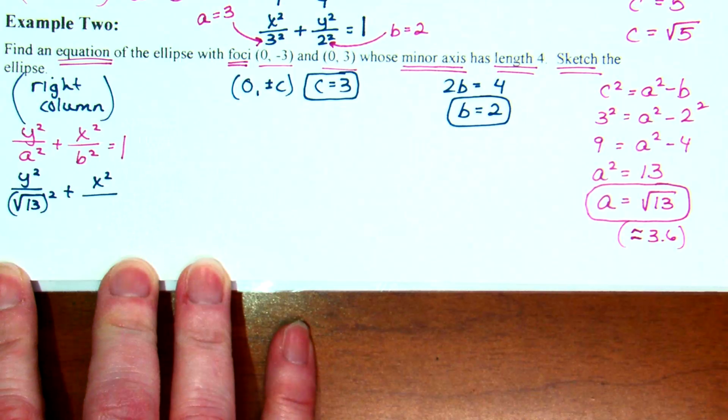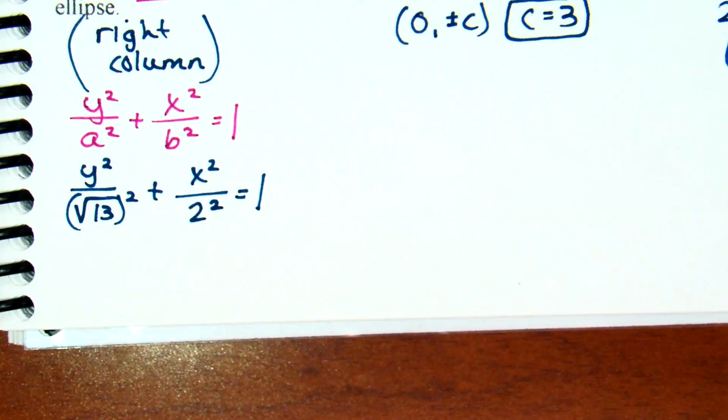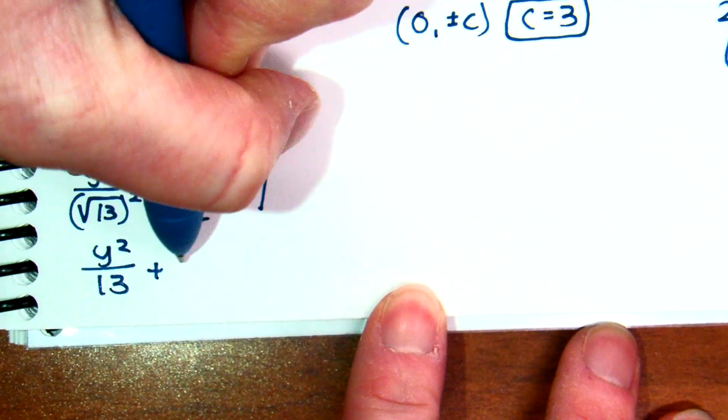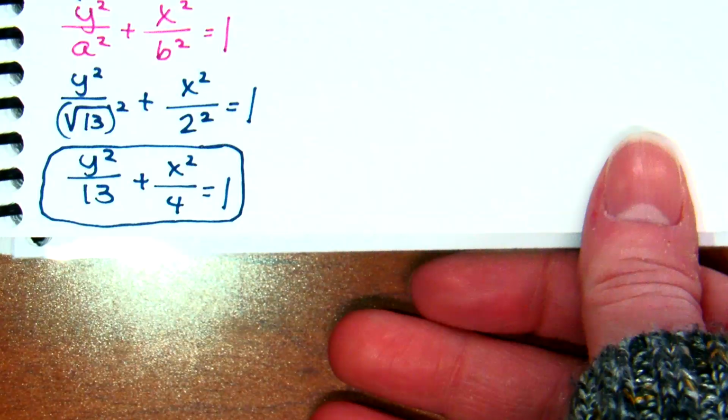So X squared over 2 squared equals 1. I am going to clean that up a little bit and do my squares. What is the square root of 13 squared? 13. So y squared over 13 plus x squared over 4 equals 1. And there is the equation I would be looking for.